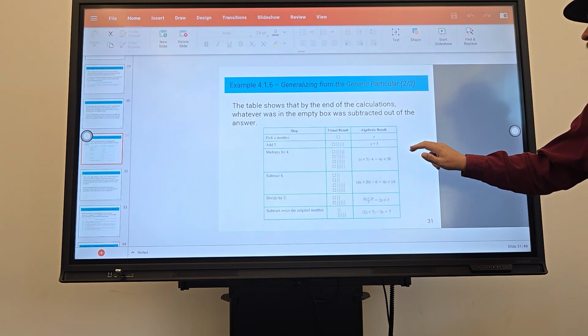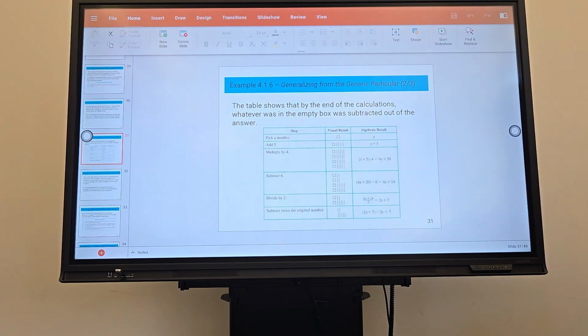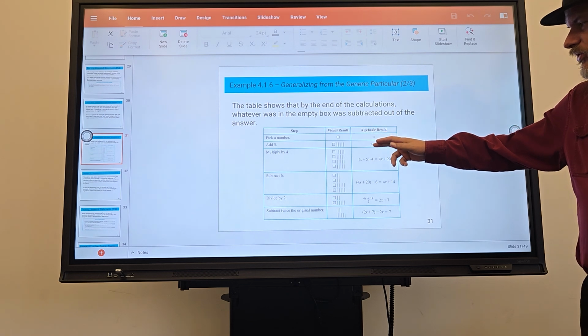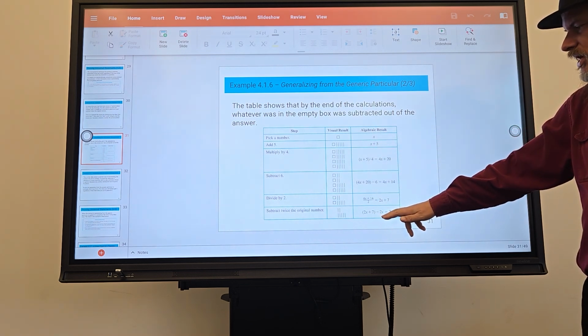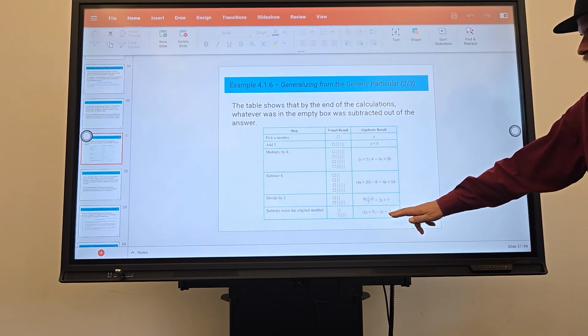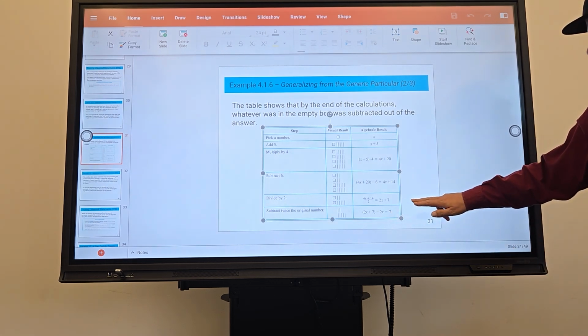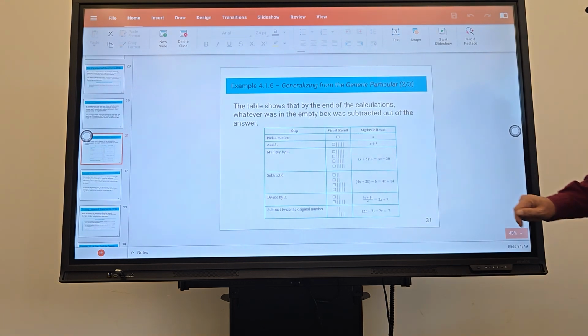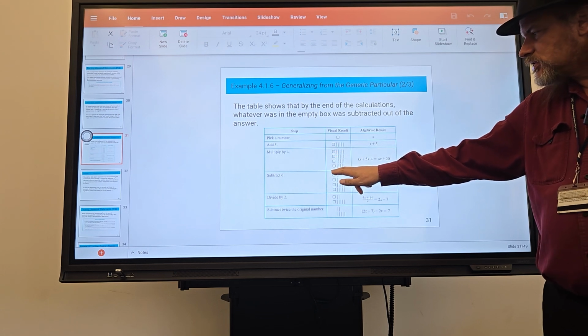Since you can't prove this exhaustively because you can't pick every number, because there's an infinite number of numbers, you show this way how the result is always going to be equal to 7, regardless of what is in the box here.